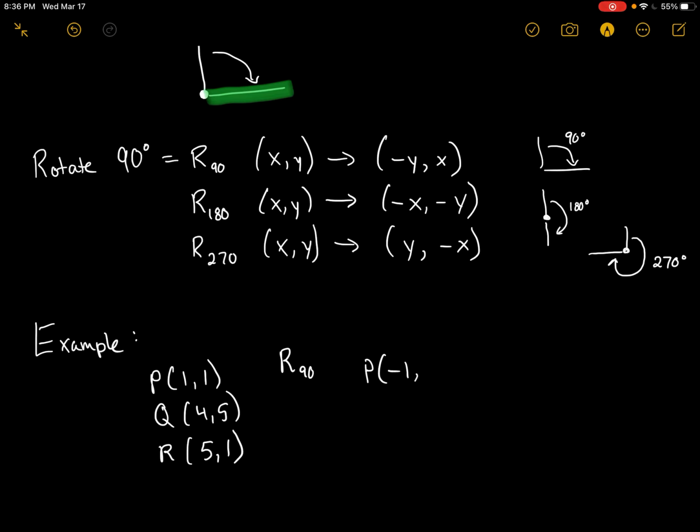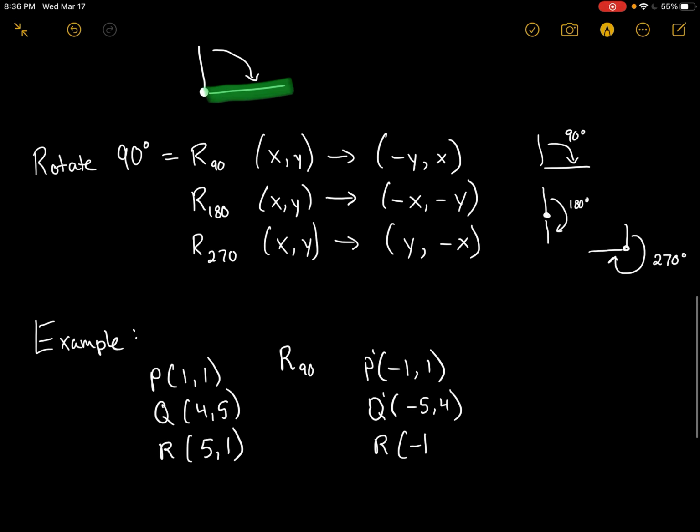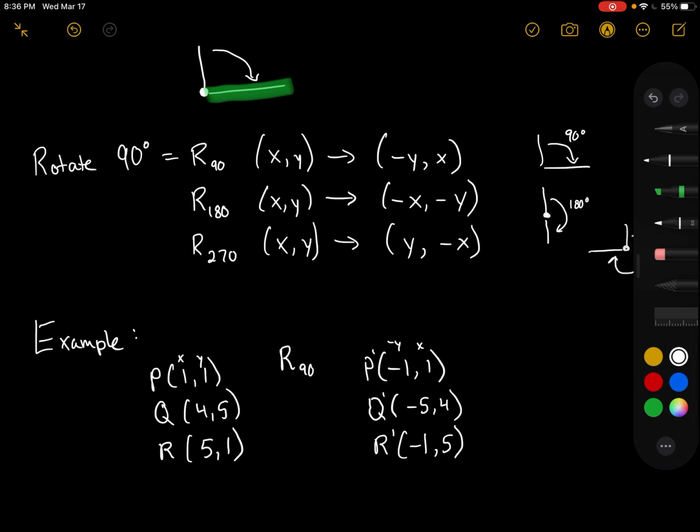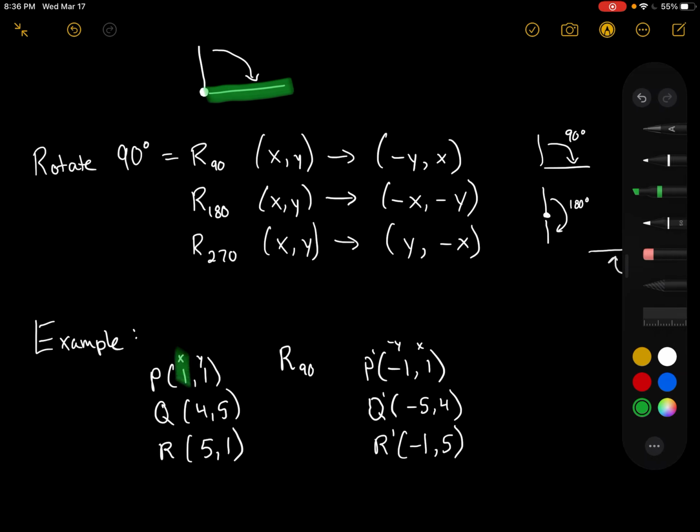Our new ordered pairs for this would be P of negative 1, 1, Q of negative 5, 4, and then R of negative 1, 5. The way that we got these numbers is for P, we started off with X, Y, and then we changed it to the negative version of our Y, X.